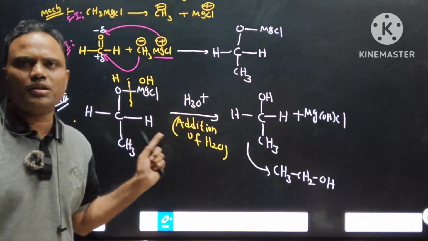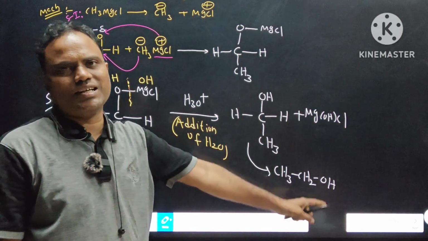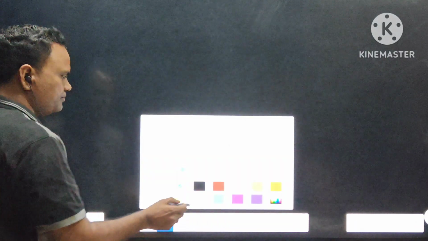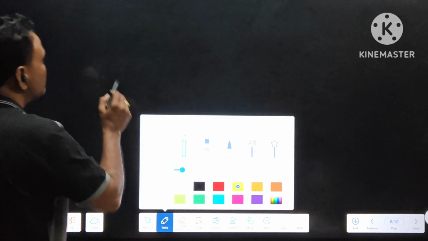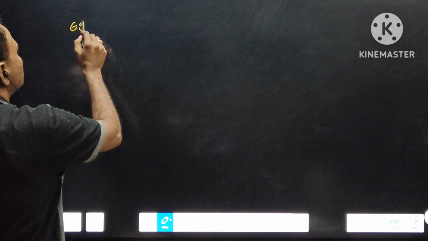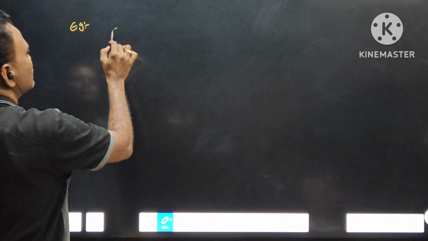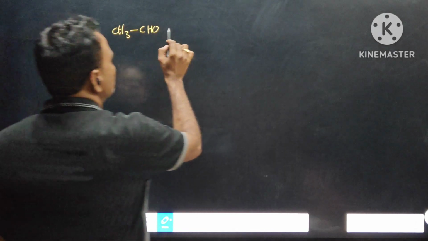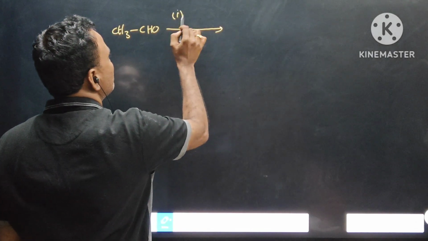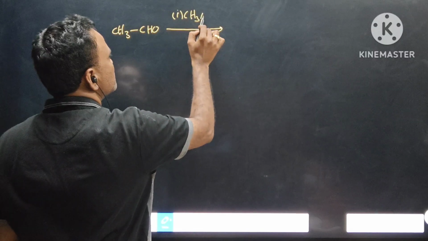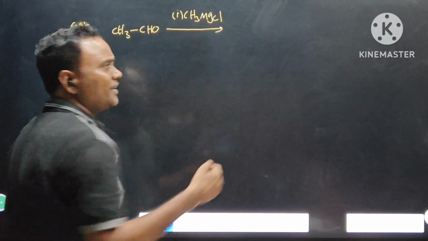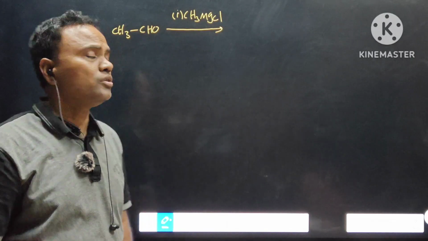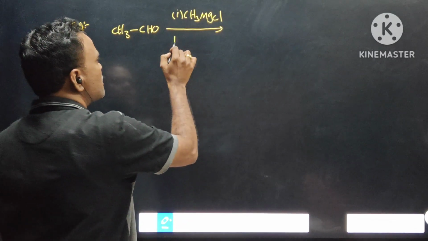We took formaldehyde and we got a primary alcohol. Let us take acetaldehyde, CH3CHO. First reagent CH3MgCl. You can take MgBr also, any halogen, MgI also, not only chlorine.